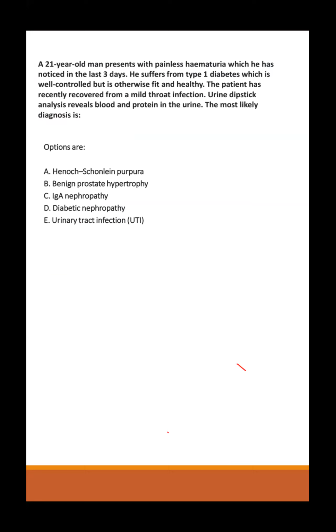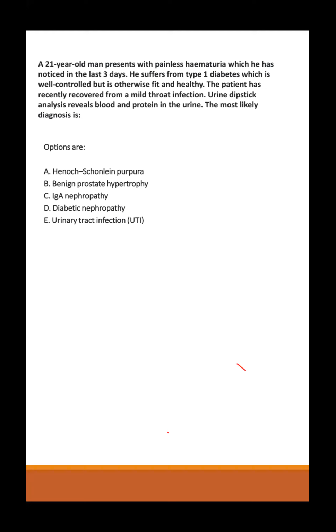Urine dipstick analysis reveals blood and protein in the urine. The most likely diagnosis is: A, Henoch-Schönlein purpura; B, benign prostatic hypertrophy; C, IgA nephropathy; D, diabetic nephropathy; E, urinary tract infection.